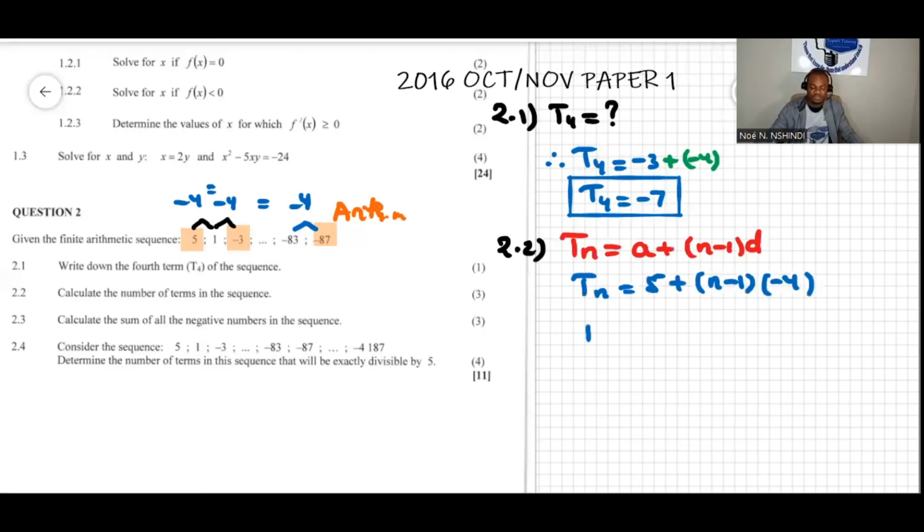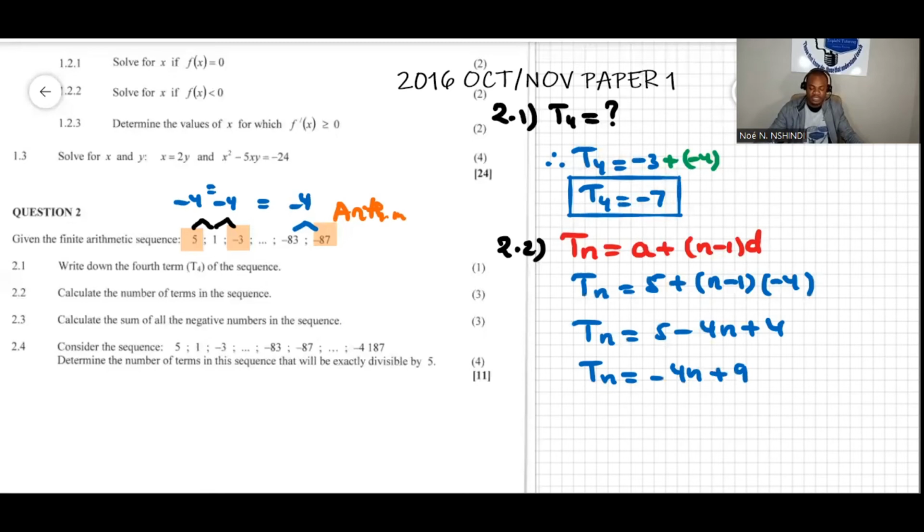If we work this out, this will make 5 plus -4n plus 4, because -4 times n is -4n, and -4 times -1 makes +4. And now we will have Tn equal to 5 plus 4 is 9, so that makes Tn equal to -4n plus 9.